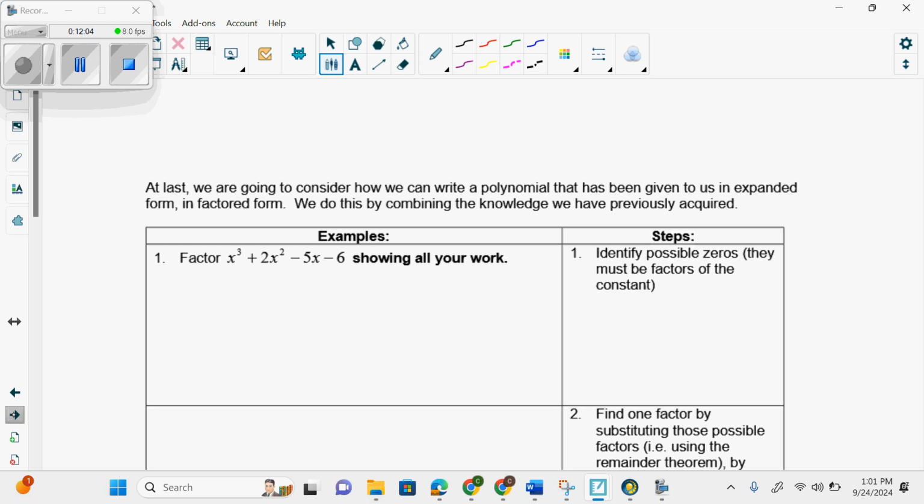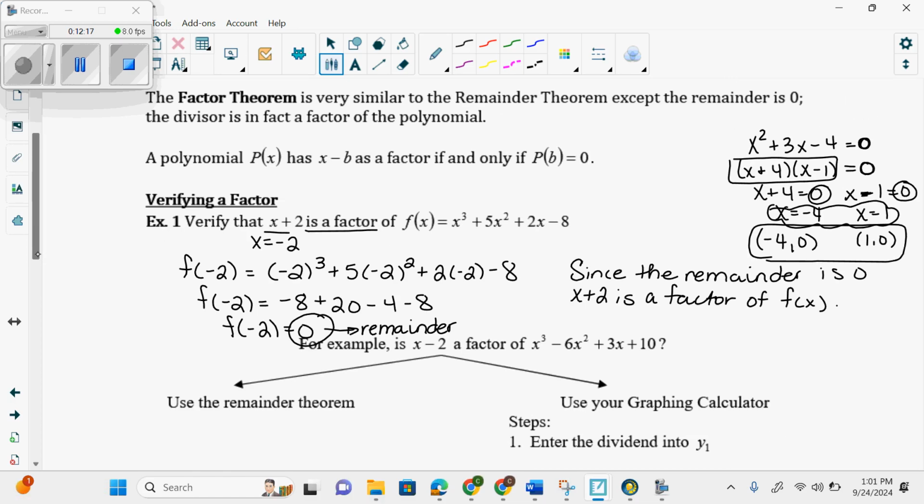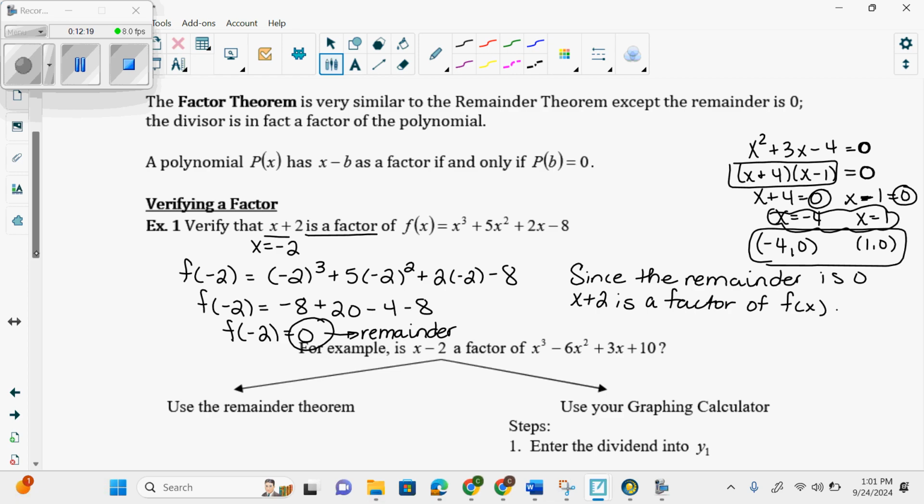So the way we have to factor is, first off, we're going to find possible x-intercepts. Because when we found the factor of the previous one, the x equals was -2. So -2 is actually an x-intercept, because when I plugged -2 into this function, I got a 0 out.